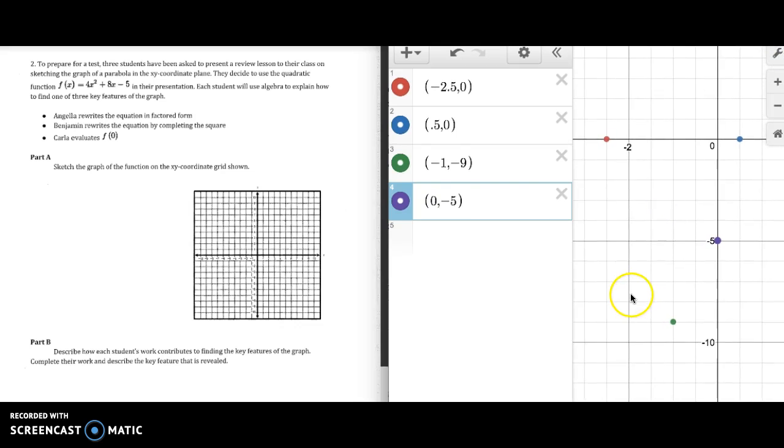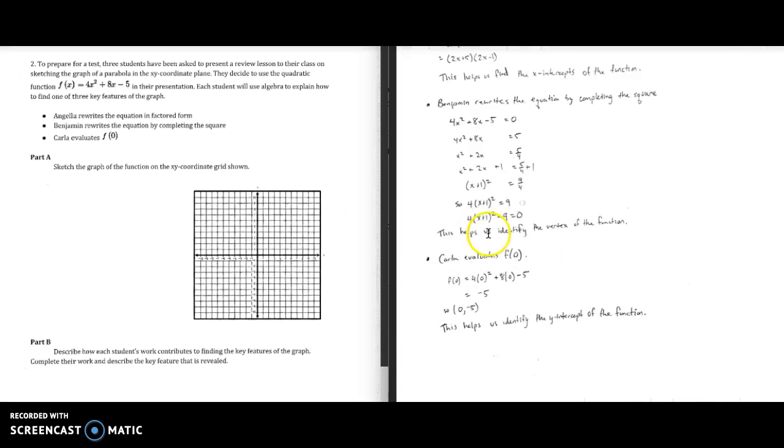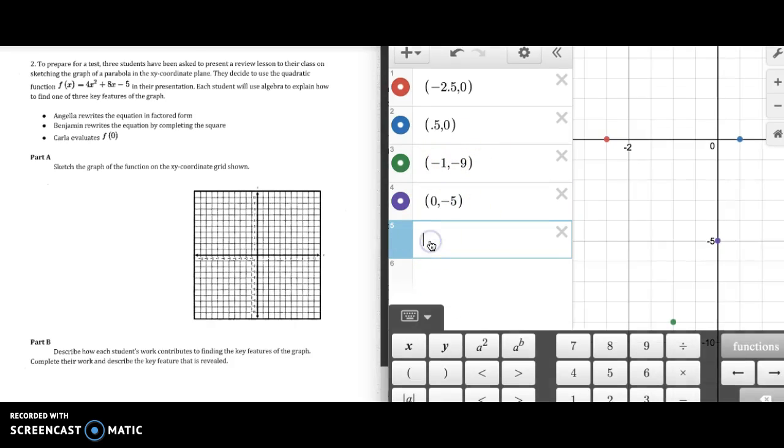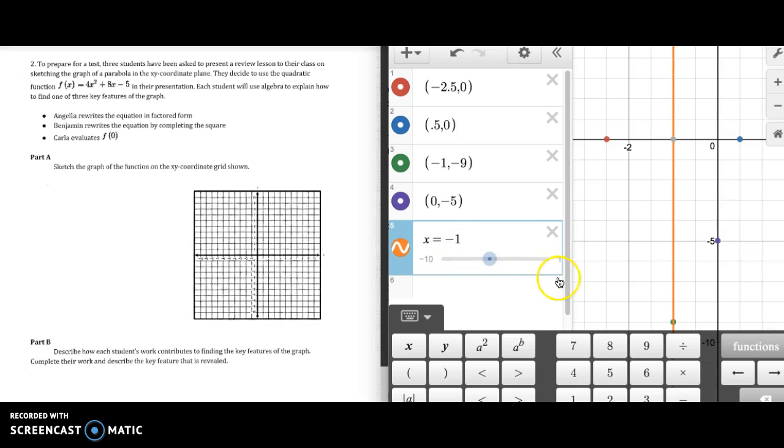Okay. My vertex from here was negative 1, negative 9, this green point. So I'm going to do an axis of symmetry, x equals negative 1, that goes through that vertex.